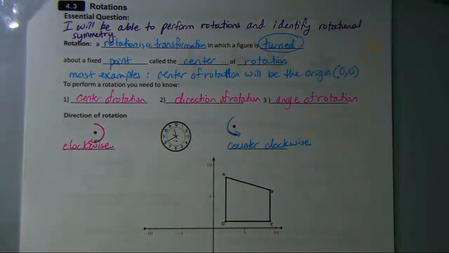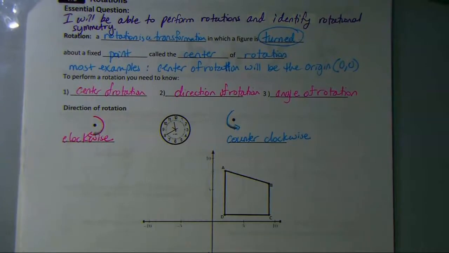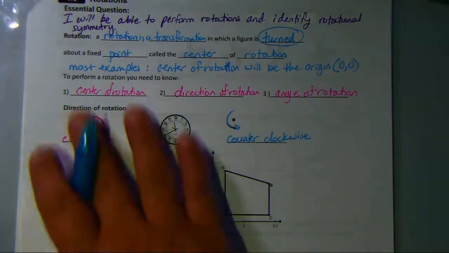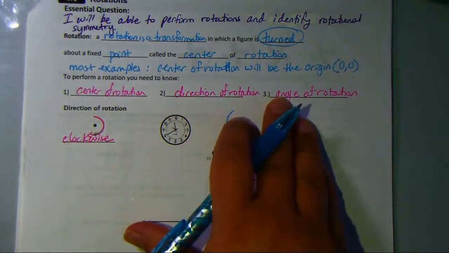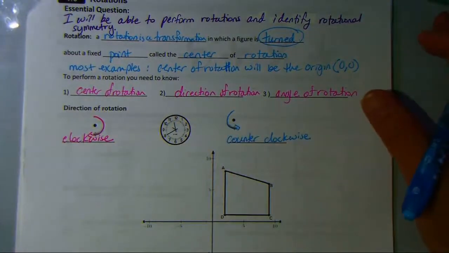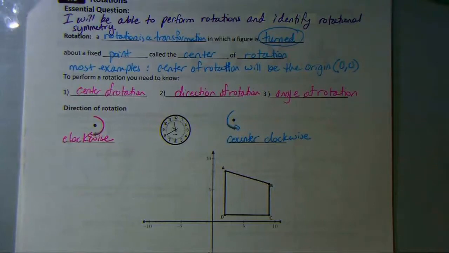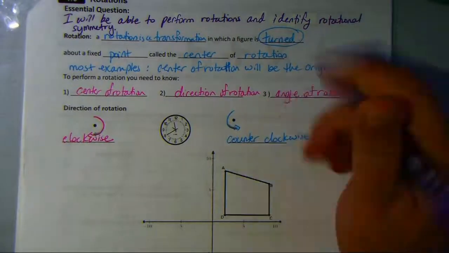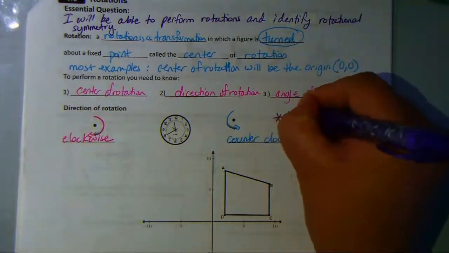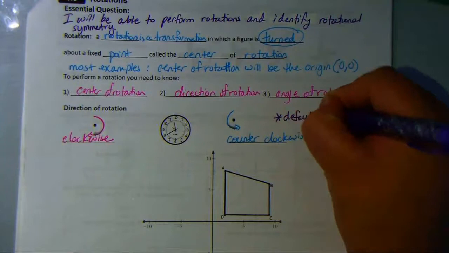All right, so one of these is actually the default direction. If you are given directions to rotate something, and they just tell you, rotate it 90 degrees, but they don't say clockwise or counterclockwise, one of these is actually a default rotational direction. And it's not what you think, actually. Counterclockwise is usually our default direction.